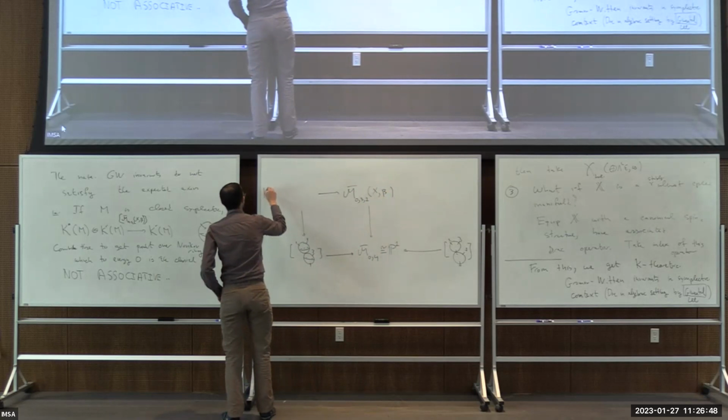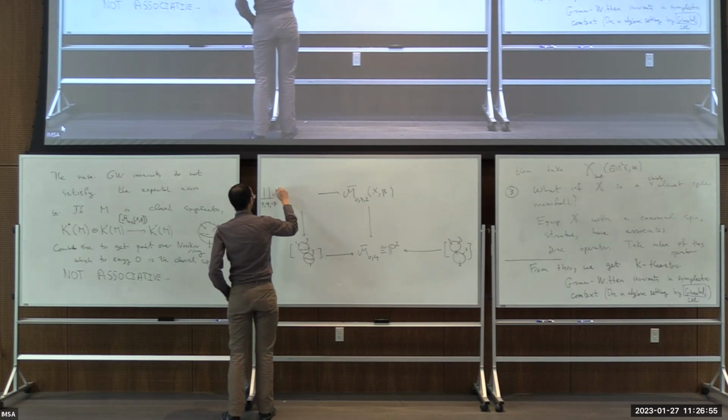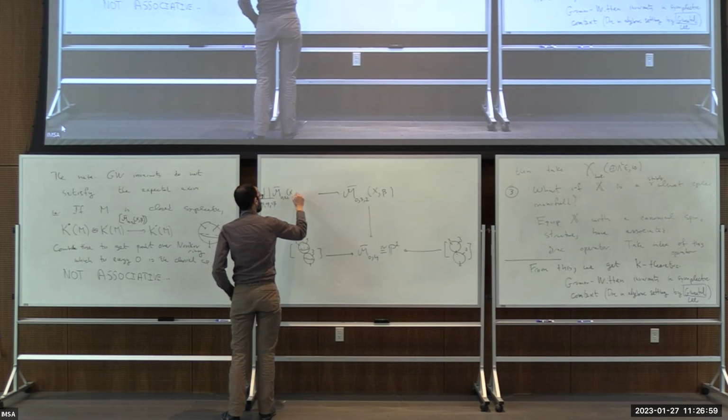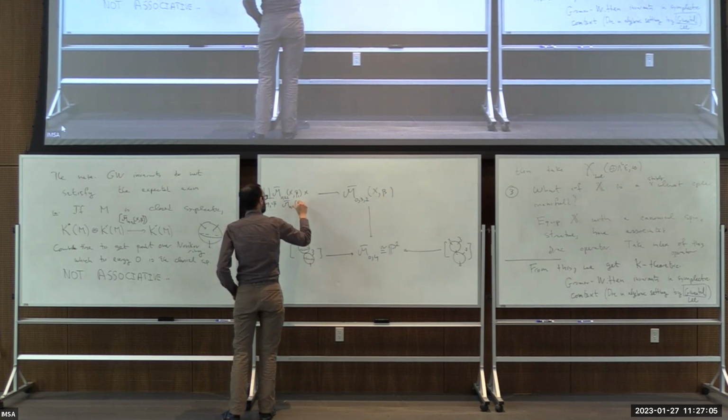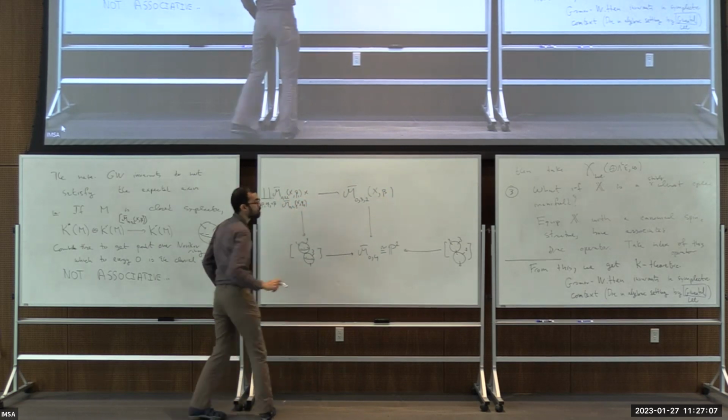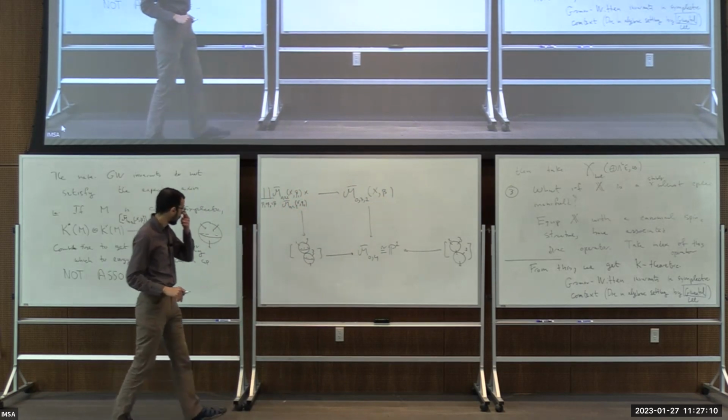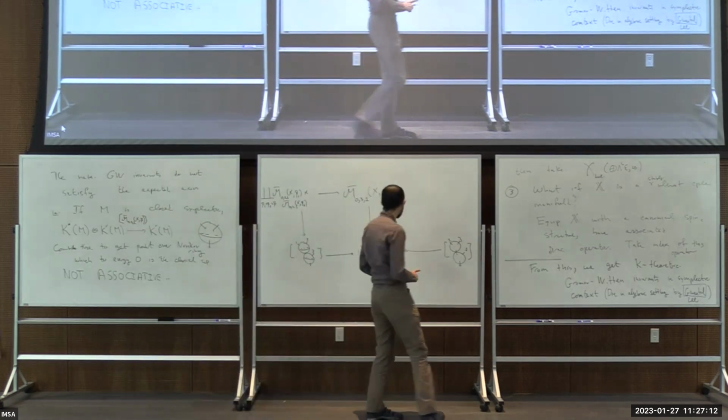And then it's this disjoint union over beta 1 plus beta 2 equals beta of this beta 0 to 1 times beta 1 cross 1 beta 2. And you have a similar thing on the other side.